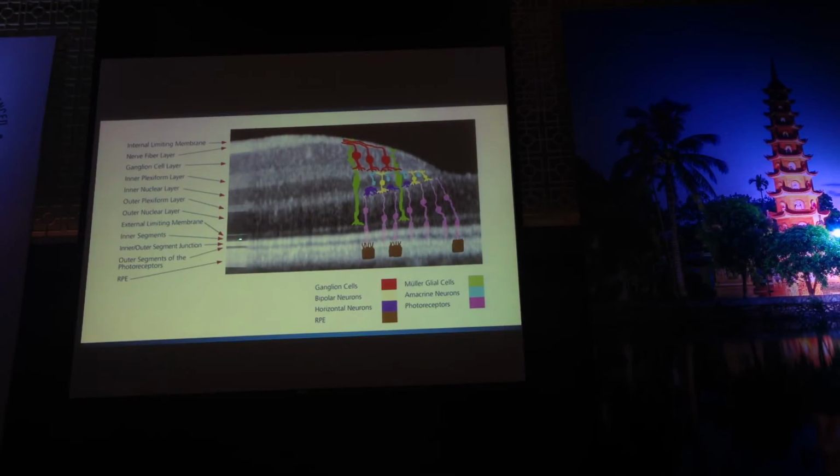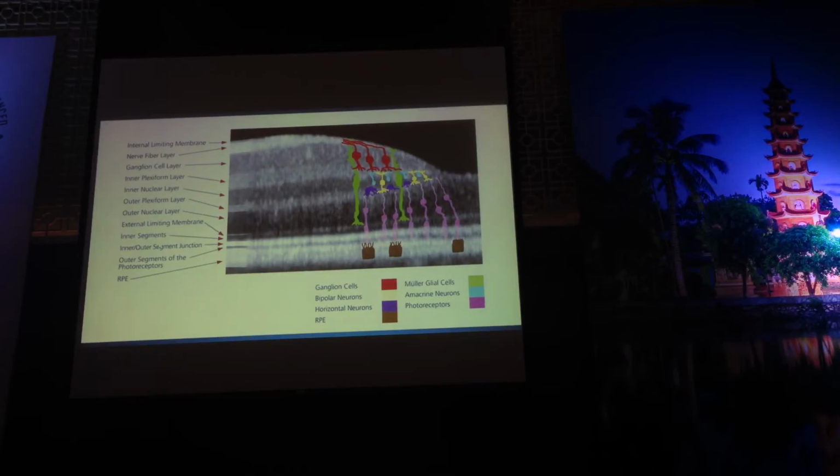Actually, this is shown in more detail. Normally, you probably couldn't see this that wide. The next one is the ellipsoid zone, which is the inner segment-outer segment junction, this band. This is the band which you can see quite prominently in the OCT scan. In clinical interpretation, we always use this to interpret the integrity of the photoreceptor.